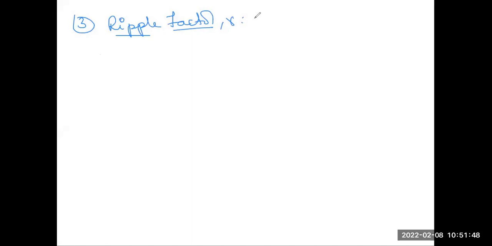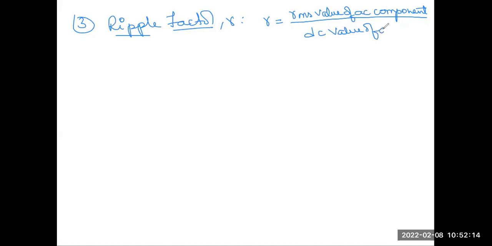So this ripple factor r is always defined as the ratio of the RMS value of the AC component, which we already defined in the previous one as present in the rectifier output, to the DC value, that is your VDC. So the RMS value of the AC component to the DC value of the rectifier output is given by the ripple factor.